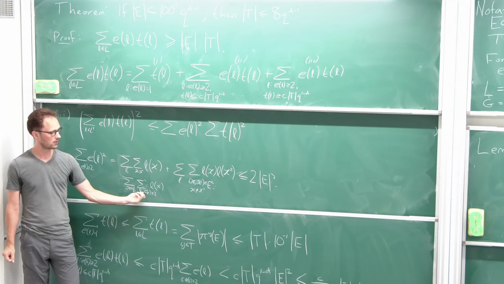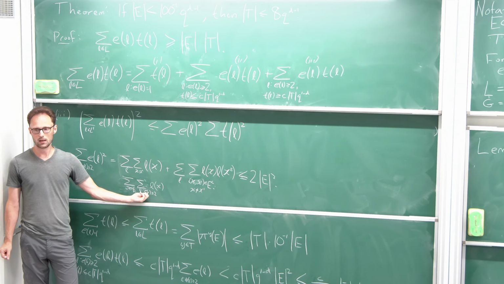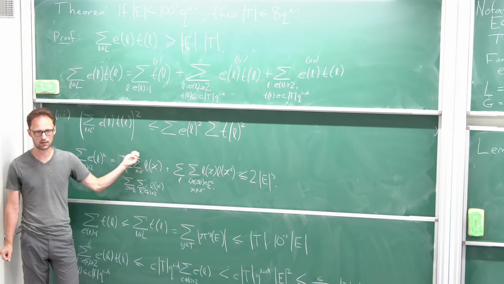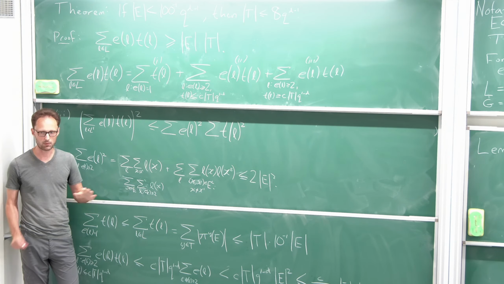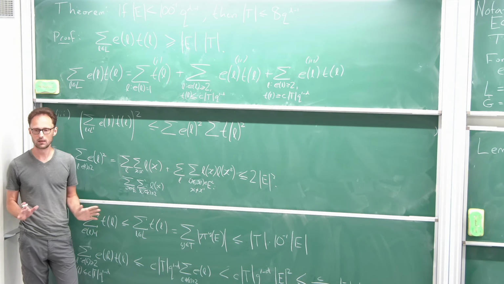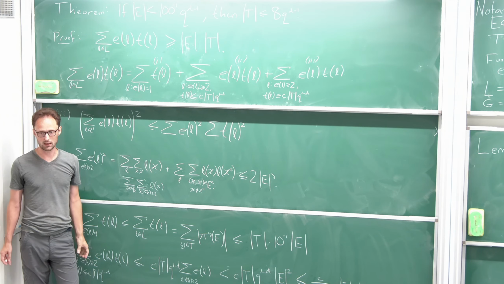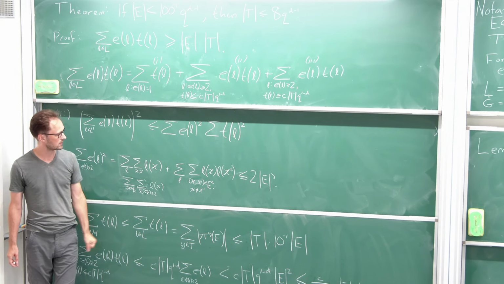part of our assumptions here, which is that each line contains at least 2 points. So it's a non-trivial thing that this is actually bounded by a function of E, because we removed all the lines that only contain 1 point of E to start with.